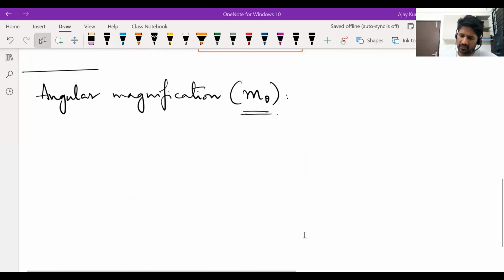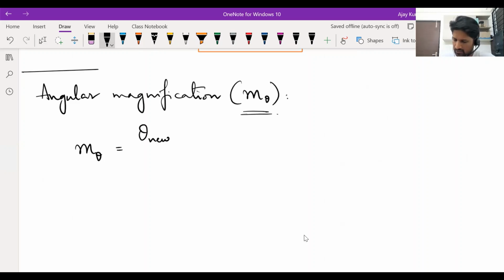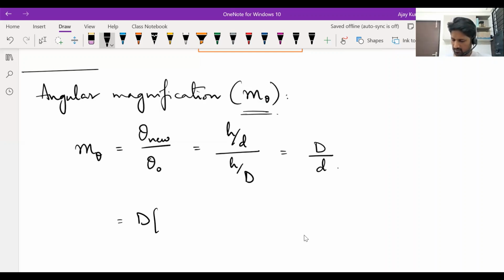Therefore, the magnification produced by the simple microscope, the angular magnification, is the new angle divided by the original angle. New angle is small h divided by small d. Original angle is small h divided by capital D. Therefore, magnification simply becomes capital D divided by small d, which can be written as capital D into 1 by d.